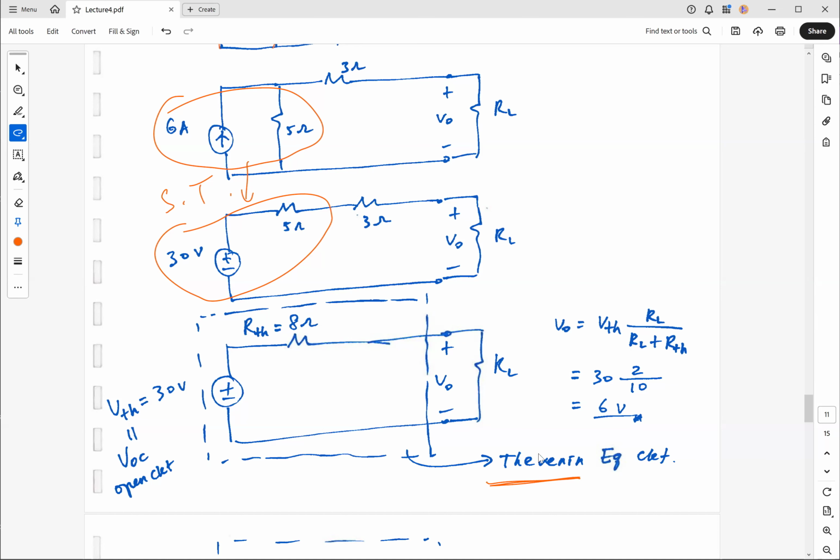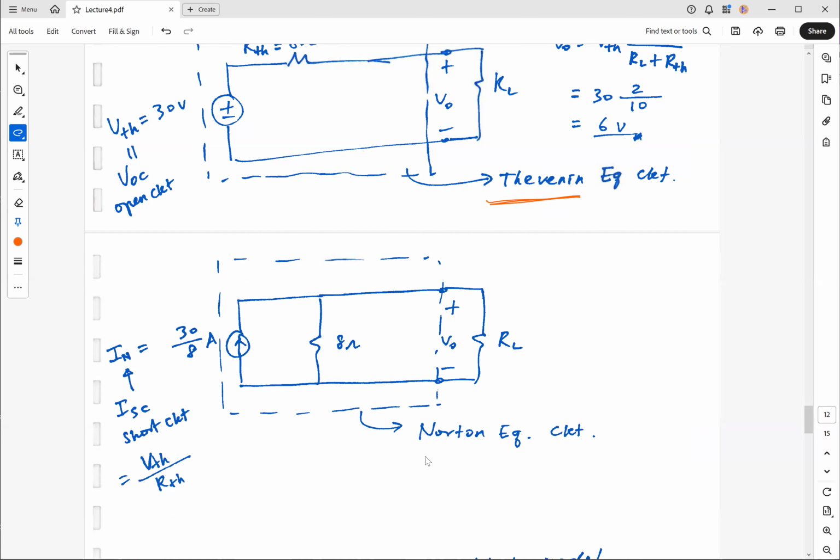There is another configuration that also consists of only two components, and that's the so-called Norton equivalent circuit. Okay, one is Thevenin here, and the other one is Norton. In a Norton equivalent circuit, again inside this dotted box, I have only two components.